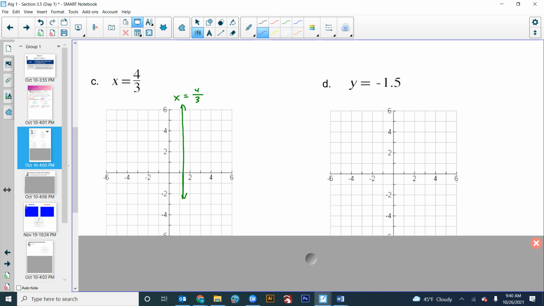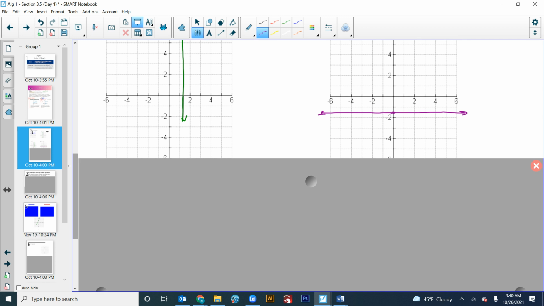Going through y equals -1.5. So I was kind of getting at the y-intercept is -1.5, right? Awesome. We're on the same page.